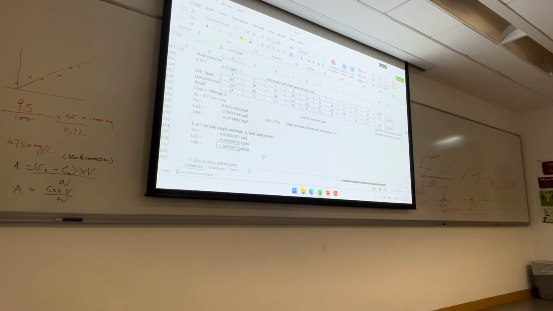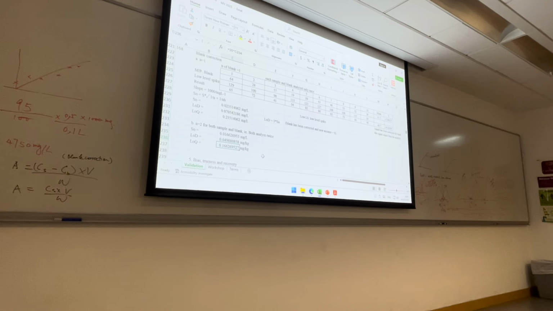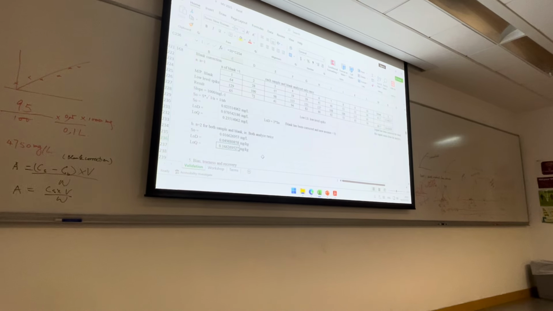If the method specifies that you need to carry out blank, and sometimes some methods will say that you need to determine the blank twice, then nb will be equal to 2. And the sample solution may be only once. So they may not be exactly the same. It all depends on the situation, okay?